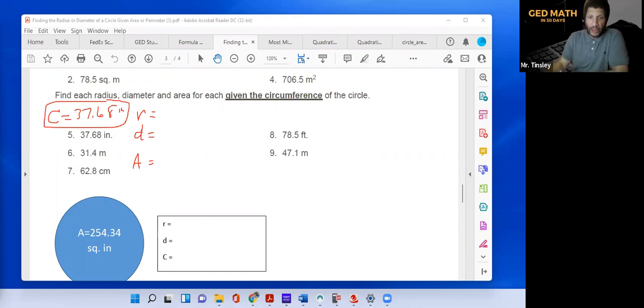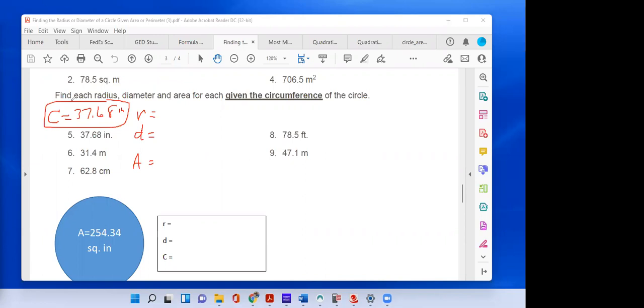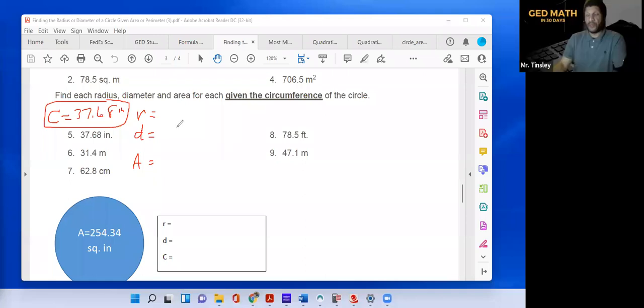Okay. Good. Alex, much better. Looking good. Okay, let's go over this now. So again, we were given a circumference. So what I'm going to do is use this formula, pi times d. Why? Because I only have to do one thing in order to solve for the diameter.